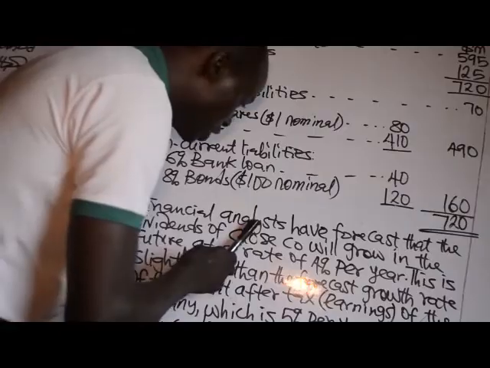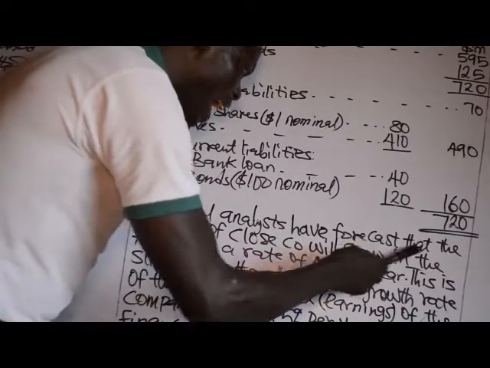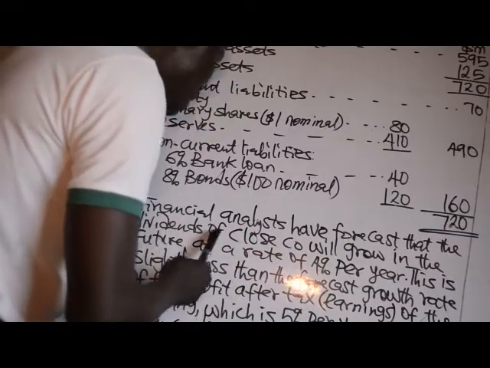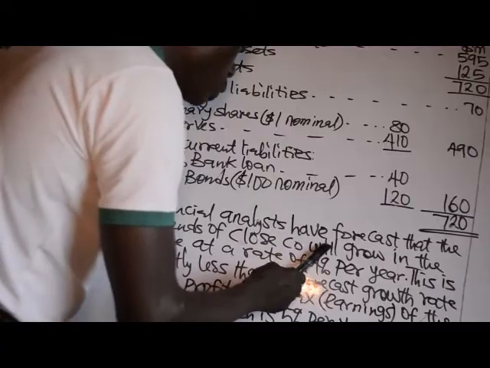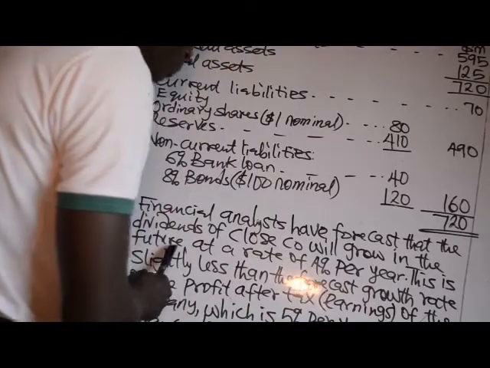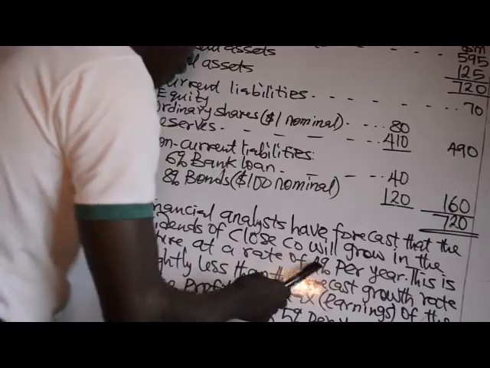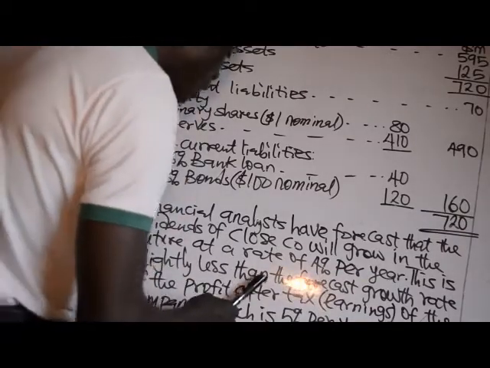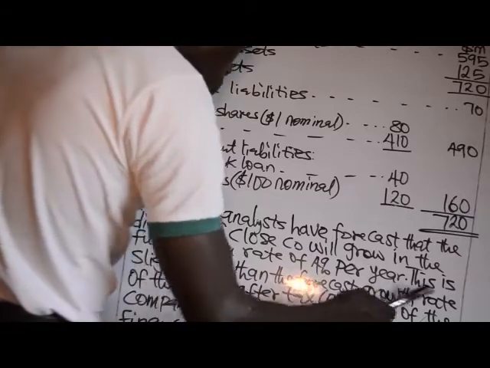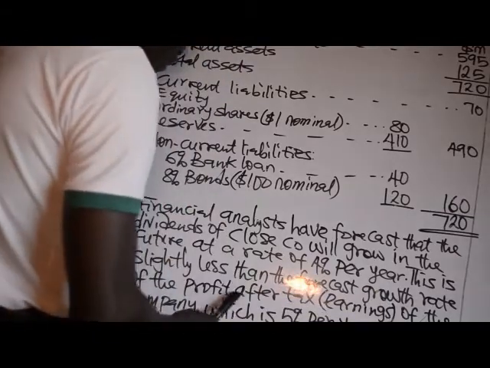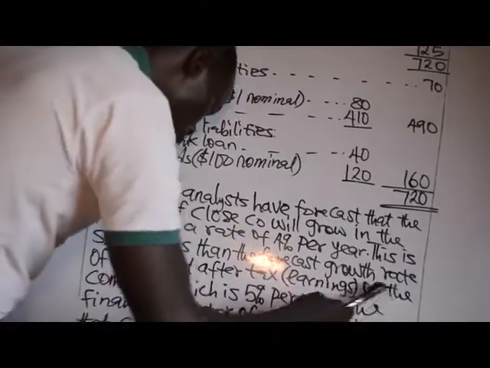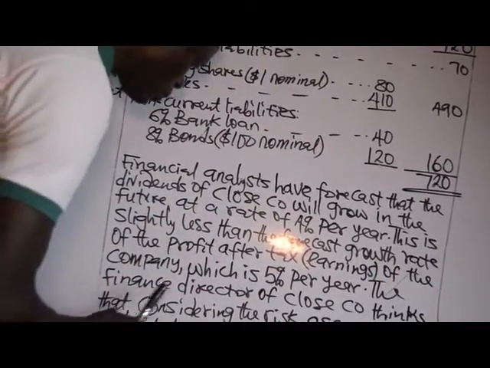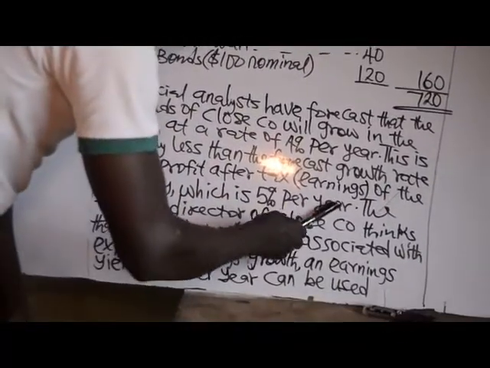Financial analysts have forecast that the dividends of Close Co will grow in the future at a rate of 4% per year. This is slightly less than the forecast growth rate of the profit after tax earnings of the company, which is 5% per year.